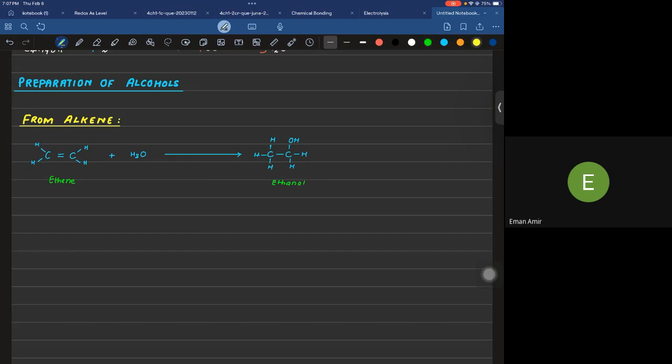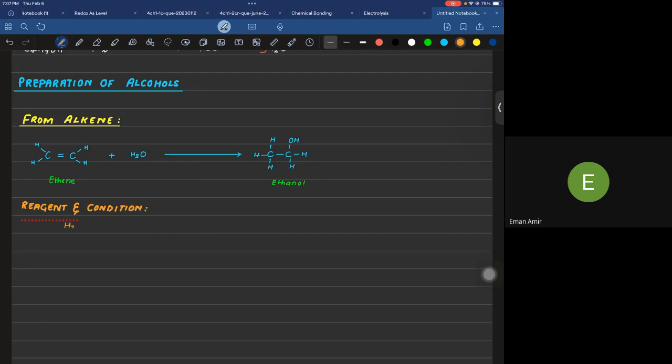So reagents and conditions: you must know the reagent and conditions for this reaction. Reagent and conditions means you need to know the catalyst as well.